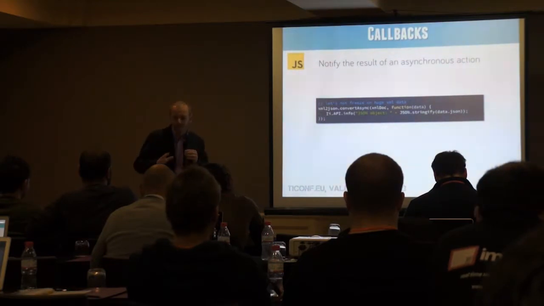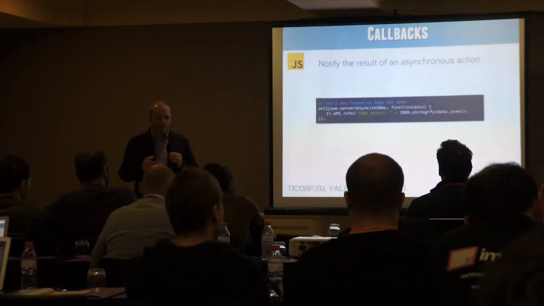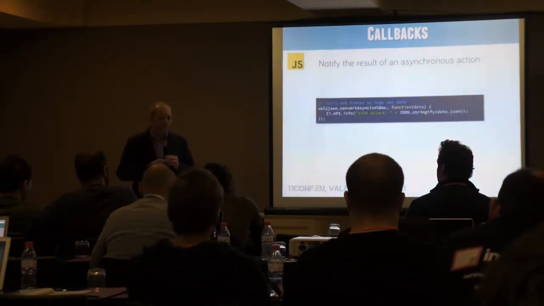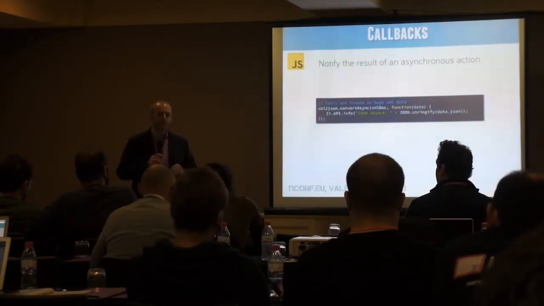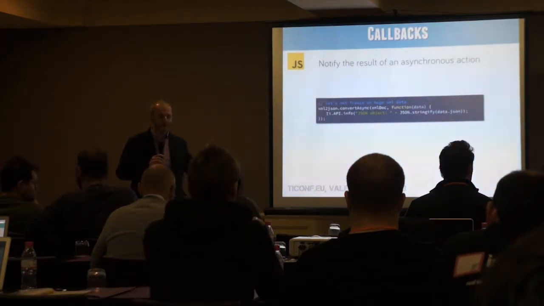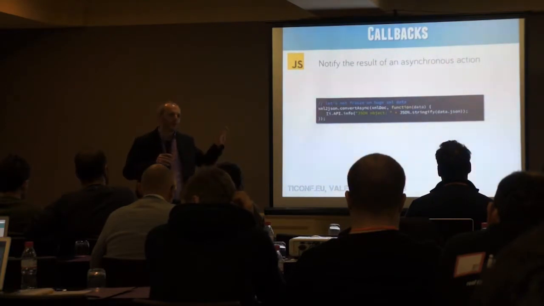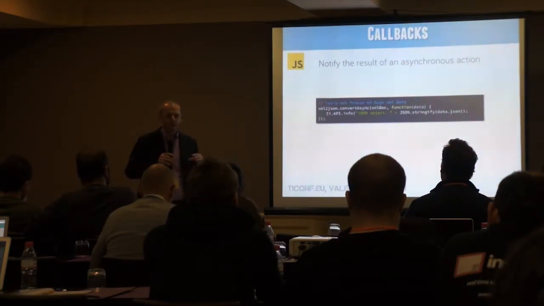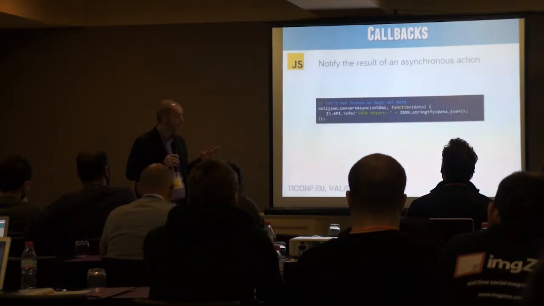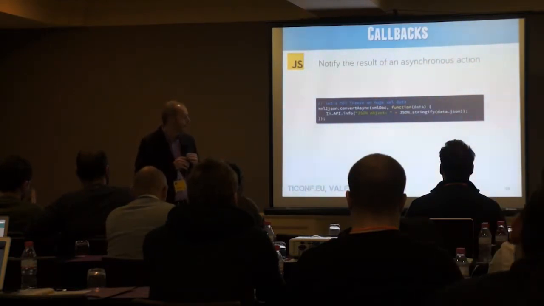So, for example, in this case, always with our XML to JSON module, we don't want to freeze the execution of our JavaScript code on this kind of conversion if we are converting a huge XML document, because it will take a long time.